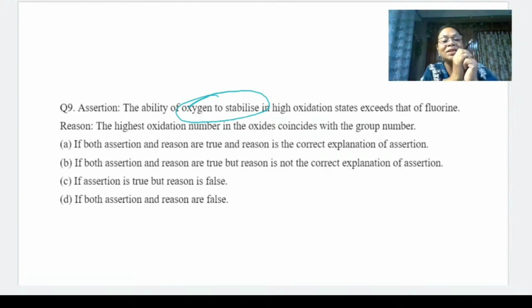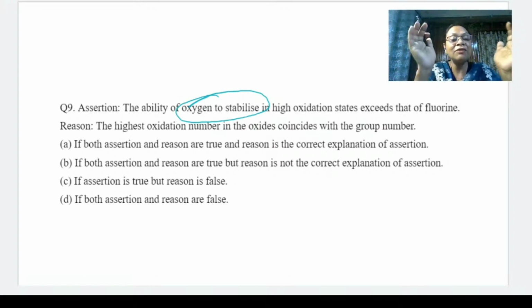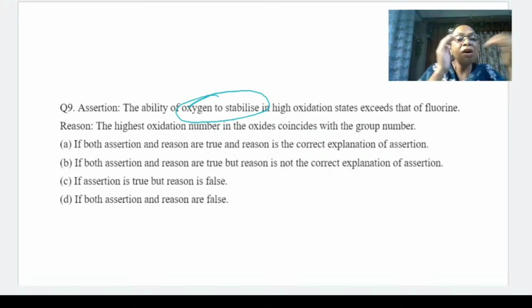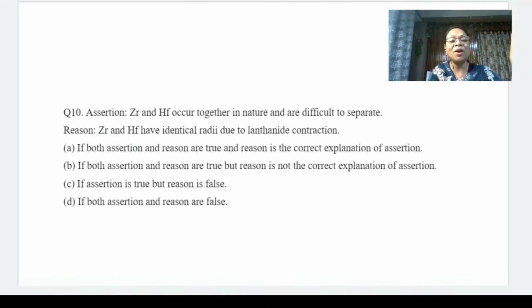Probably the presentation is a little wrong, but yes, the reason is correct, but it does not give a reason why oxygen will stabilize the oxidation states more compared to fluorine. Though both are right in themselves, the reason is not explaining the assertion. So B, B.